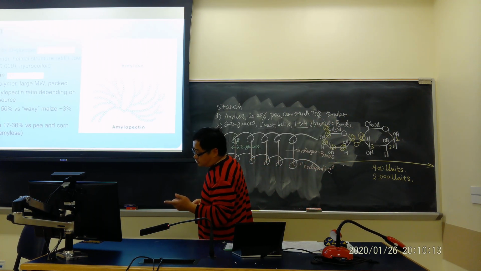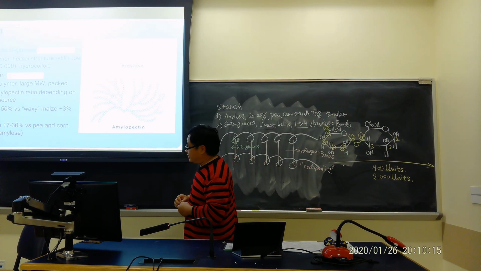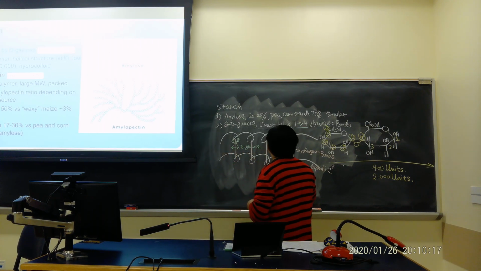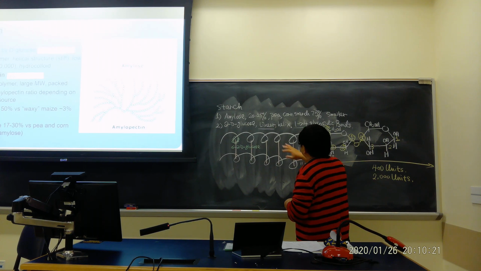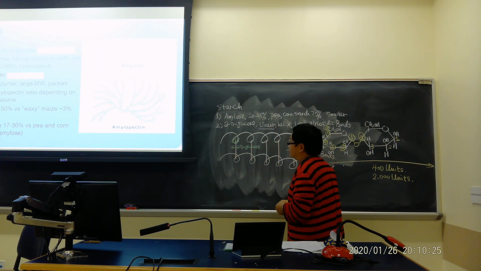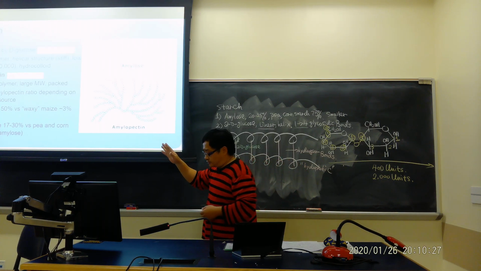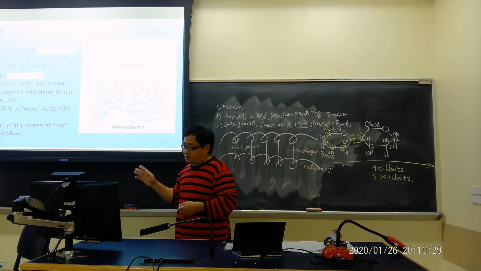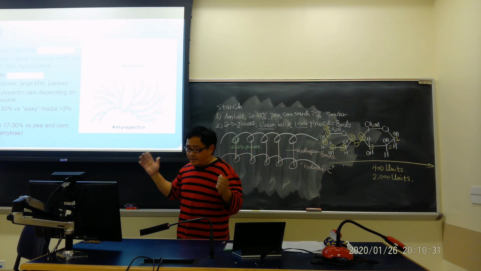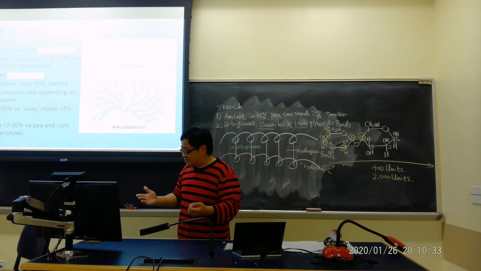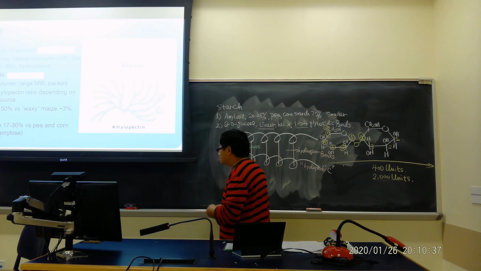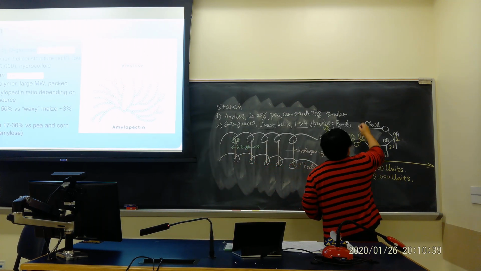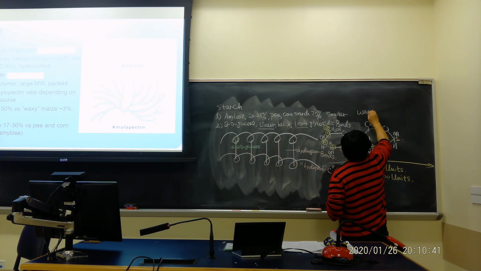Now, most of the time, on average, the amylose in a starch is about 20 to 25%. In peas and cornstarch, 75% is amylopectin, so amylopectin is higher. We can also manufacture or chemically synthesize a starch called waxy starch, or waxy corn.